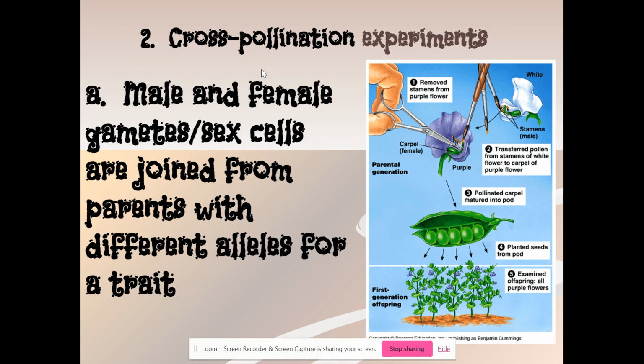Now, it wasn't just like 2 different purple plants or 2 different tall plants or 2 different short plants. What he did is he took plants that had different forms of the trait. So he took a tall with a short, a purple with a white, ones that had pod shapes that were smooth and ones that had pod shapes that were bumpy.